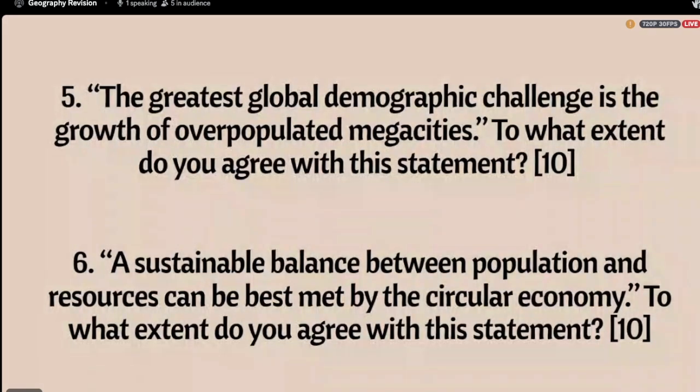Your thesis statement could be, oh yes, aging population is the most important issue. And then you explain why it's the most important issue, and then you could also talk about other issues, and you can argue why they're not as important. You know what I mean? You could say, oh, these are very important, but they're not as important because they're already being solved, or there's adequate solutions to it, or so on and so forth.